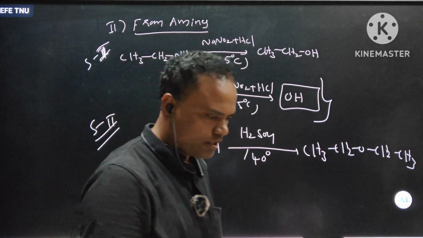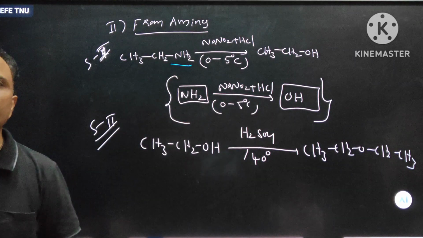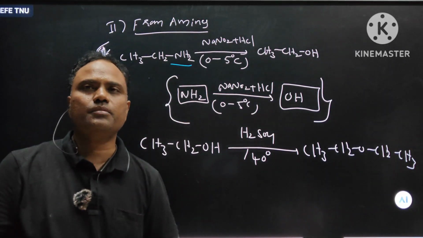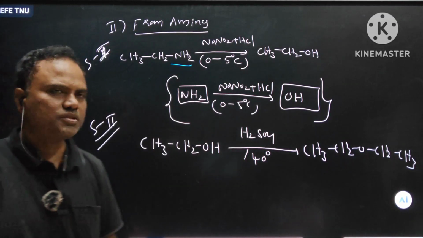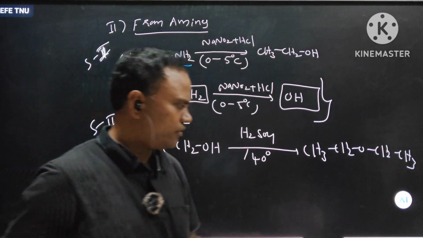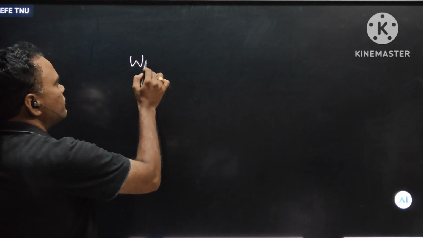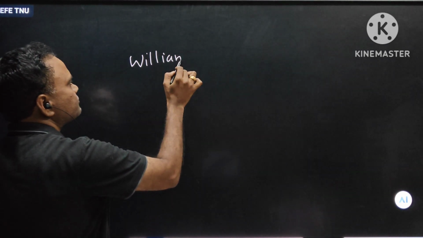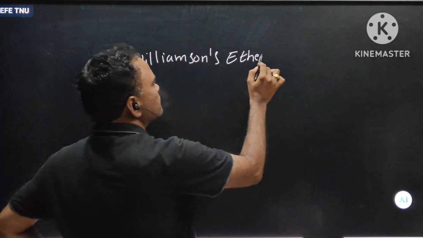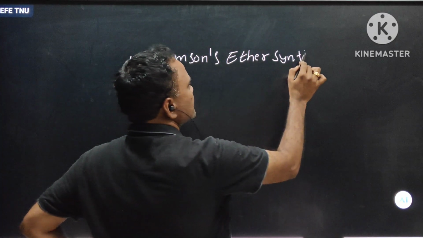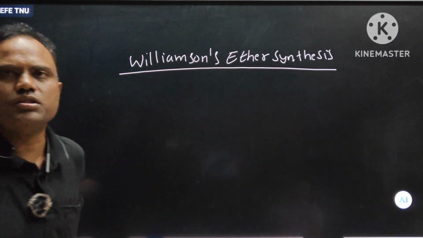In alkyl halides, you have one very important reaction. What is that reaction? In alkyl halides, one chemical property is there: Williamson's ether synthesis. Next preparation method, Williamson's ether synthesis.